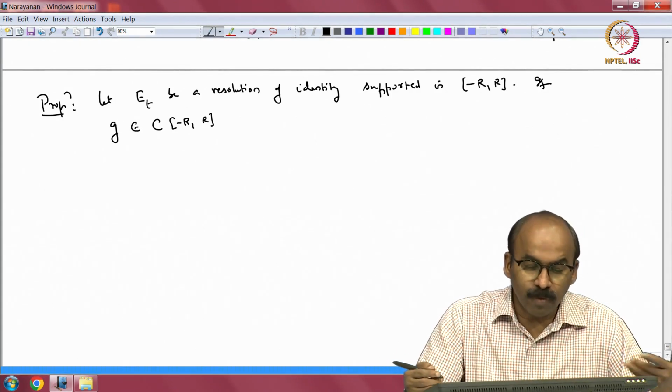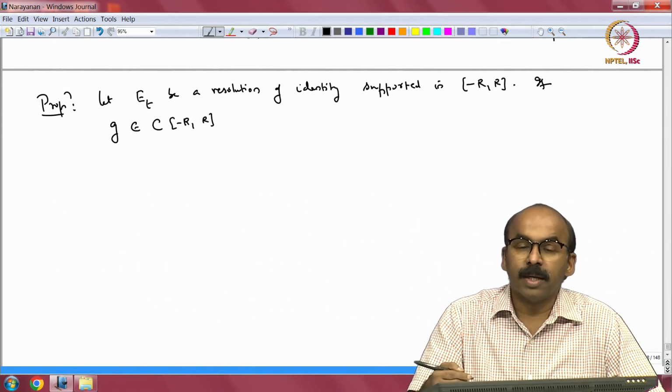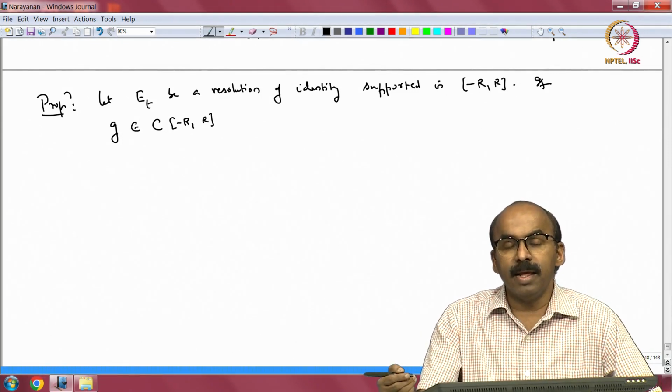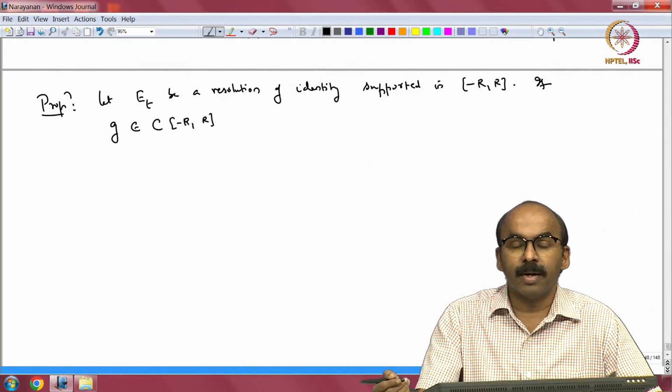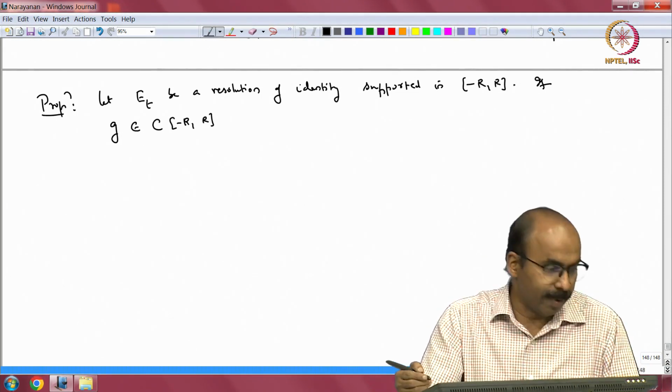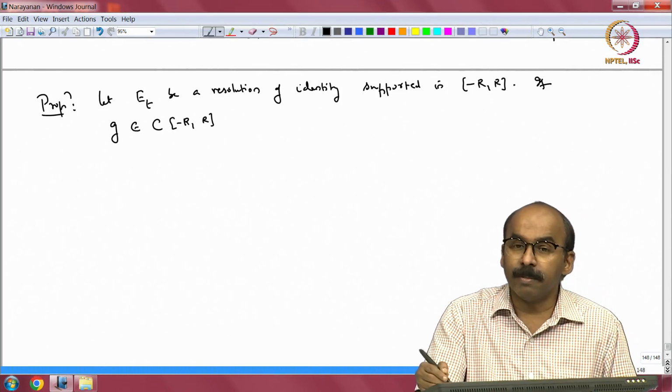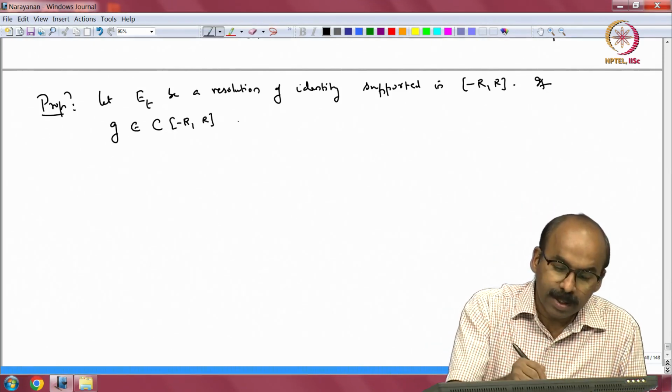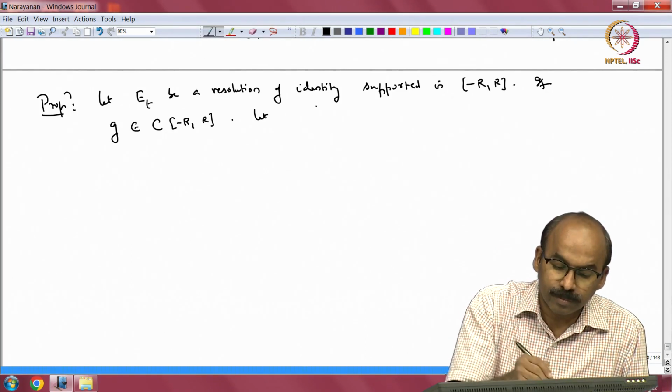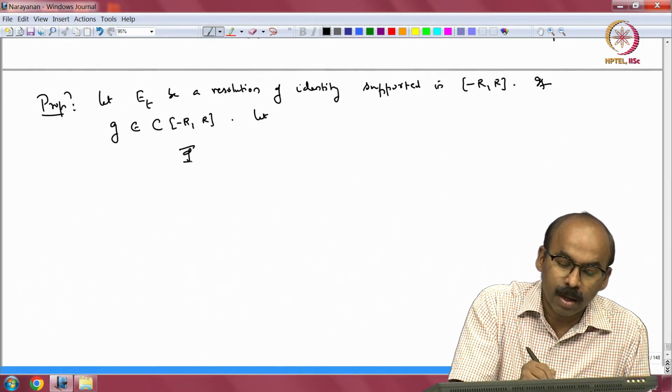So, the proof of the proposition, I will write down the statement fully, is like proving the existence of the Riemann integral for a continuous function on a compact interval, that is what is going to happen. So, take a continuous function g in minus r to r. Okay.